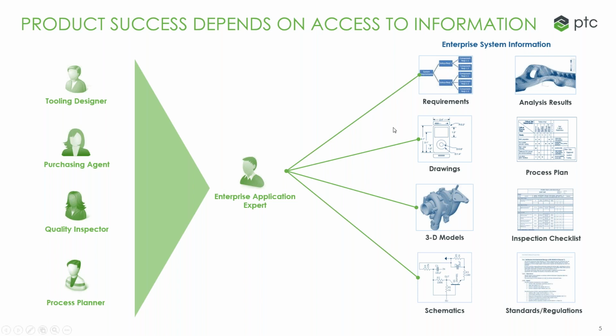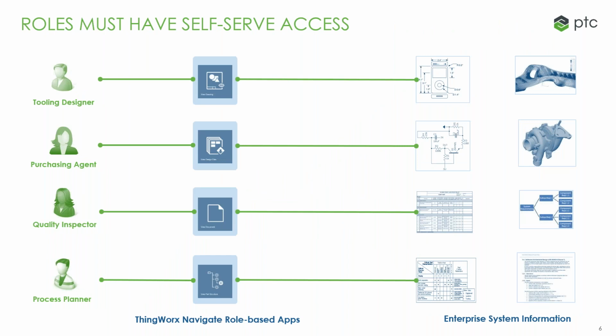So if we can cut out that middle person and have people in those roles get the data that they need out of the system, that increases productivity and minimizes the amount of time people spend looking for information. They can use a role-based application to get to the data that they need.